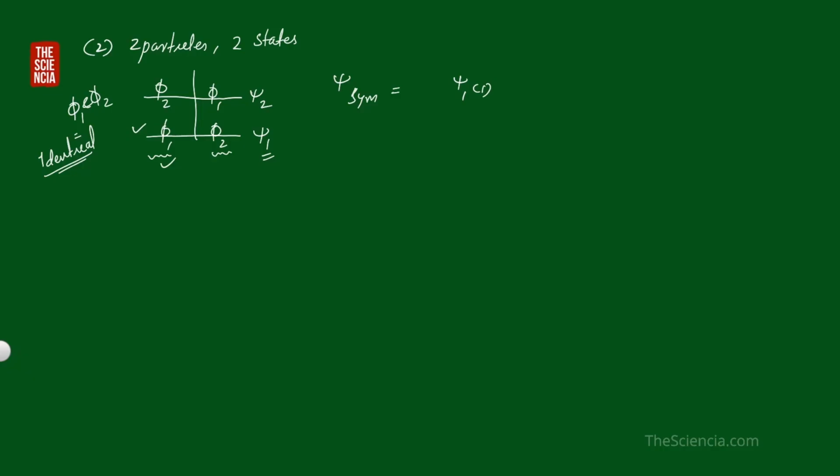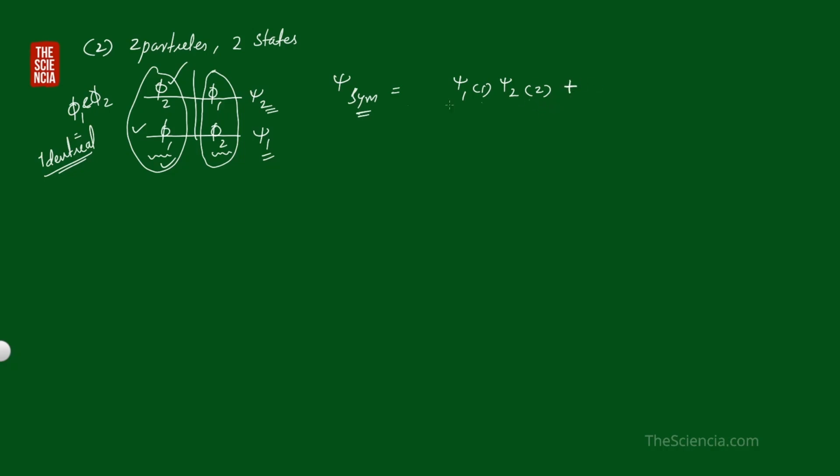Now I want to consider the second particle, that is in the psi 2 state, so psi 2 of 2. And another combination is also possible, that is this one. I am using the symmetric wave function, so I am using a plus sign.